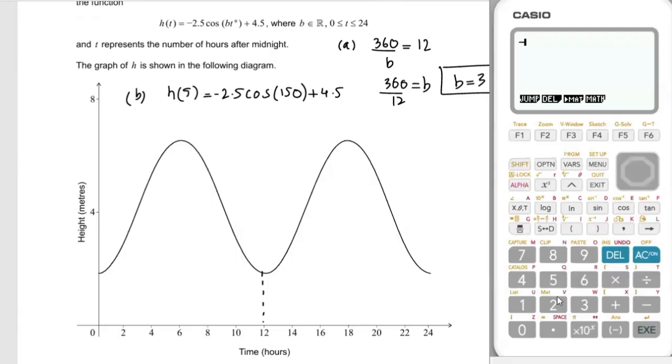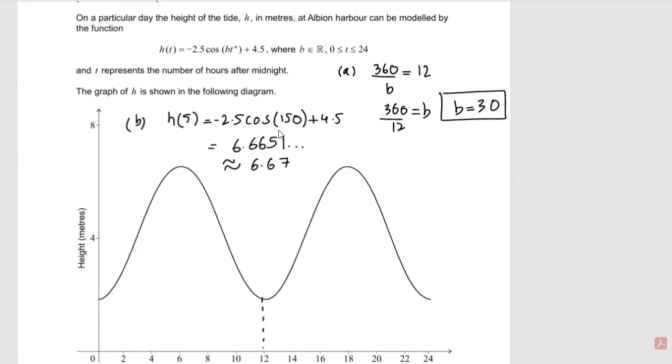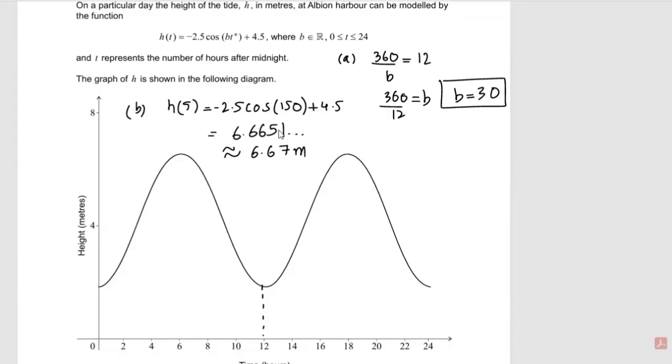Minus 2.5 cos of 150, plus 4.5. Okay, here we go. And I can get a decimal answer, 6.6651, which can be written as 6.67. And since this is in meters, I can write m over here.